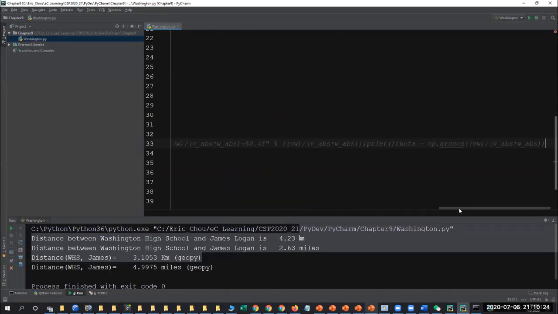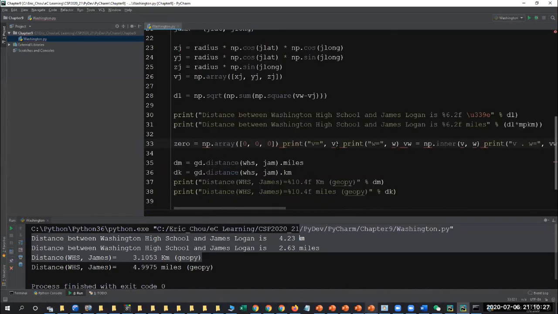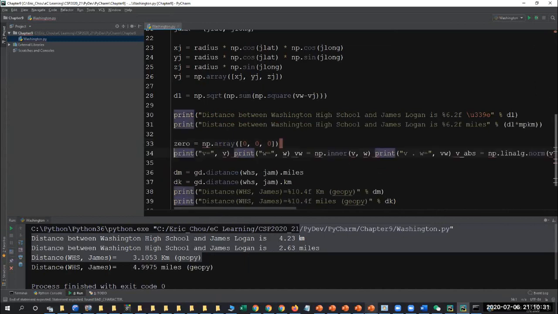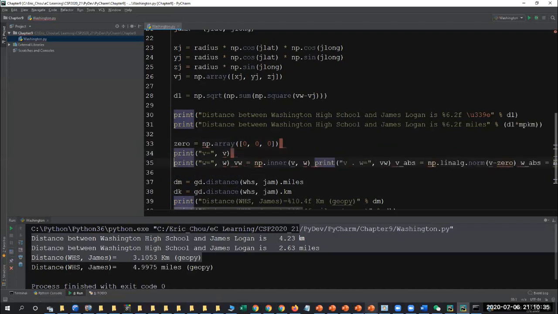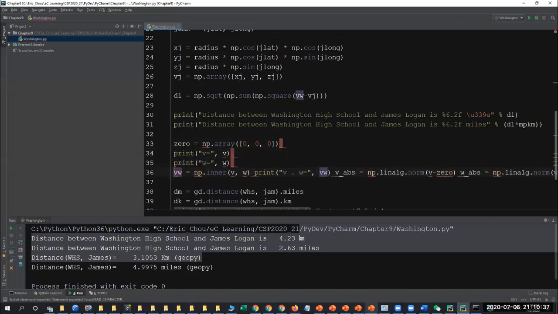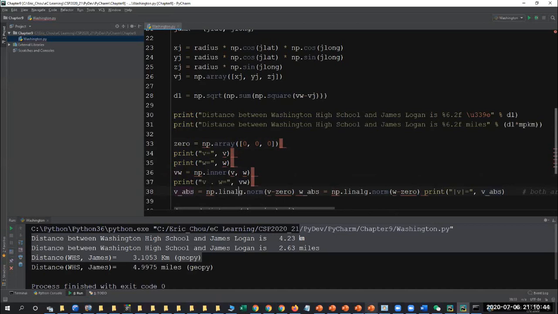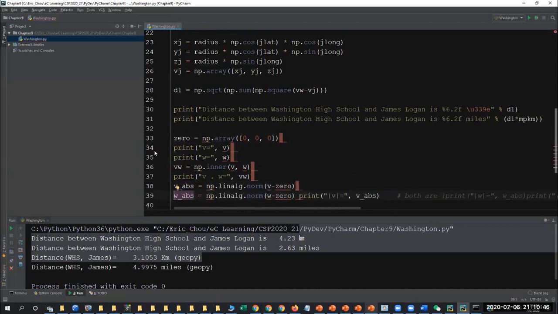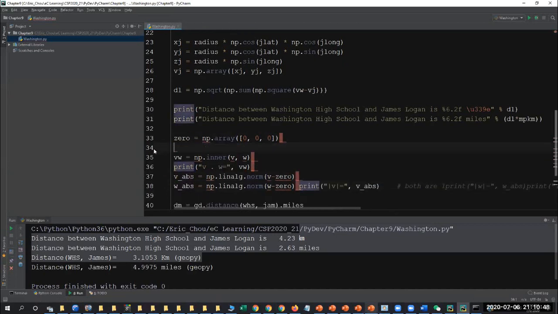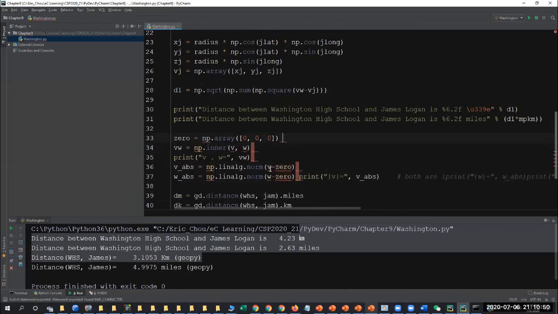Put it over here, okay? And let me bend it down, okay? This printing part, I think I can delete it. The printing part is not important, so let me take out the printing part.